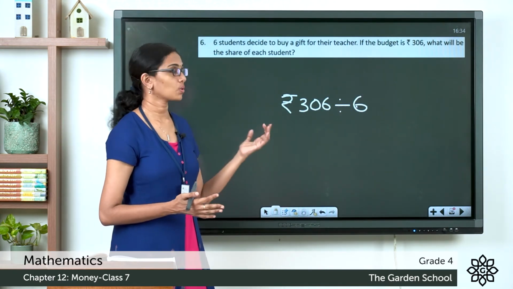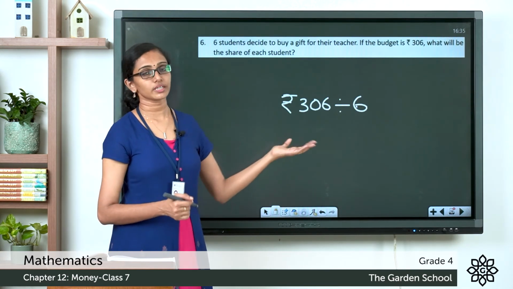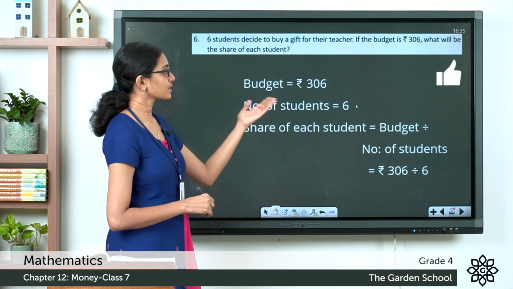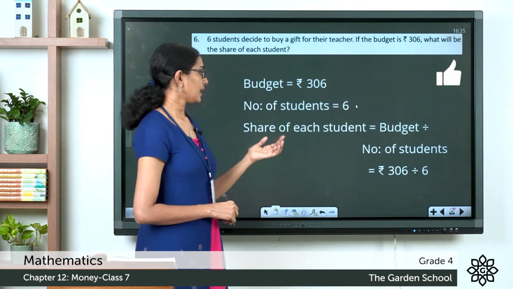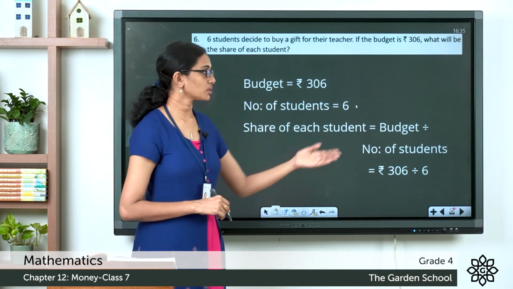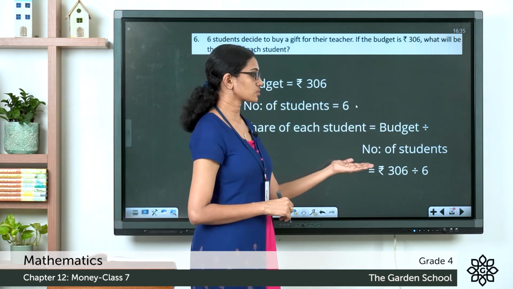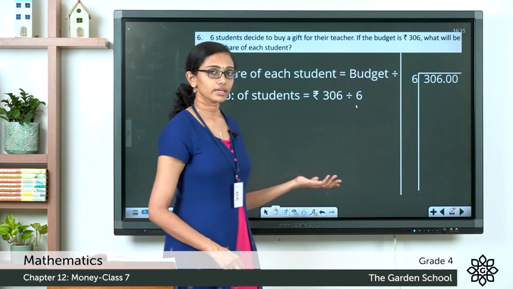And then you will get the share of each student. So let's see the steps once again. The budget is 306 rupee and the number of students is equal to 6, and the share of each student is equal to the budget divided by the number of students, that is 306 rupee divided by 6. So let's do the division here in the working column.